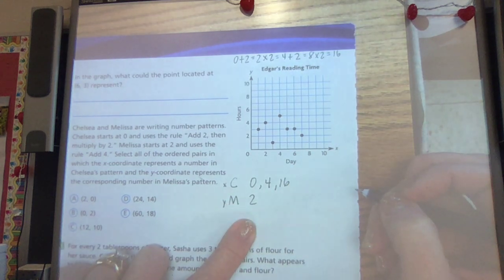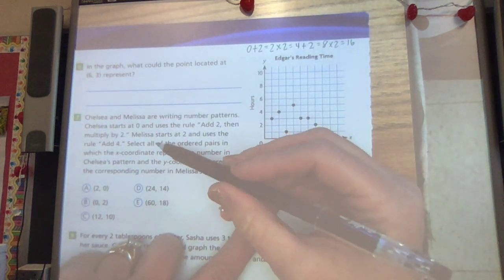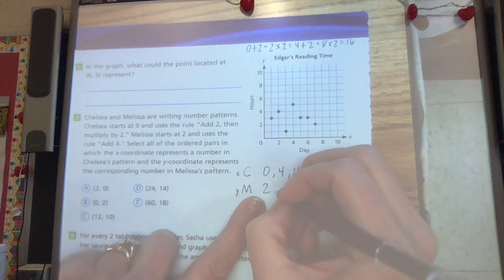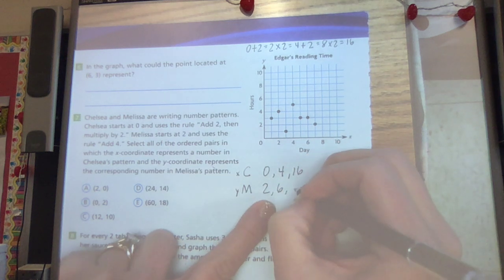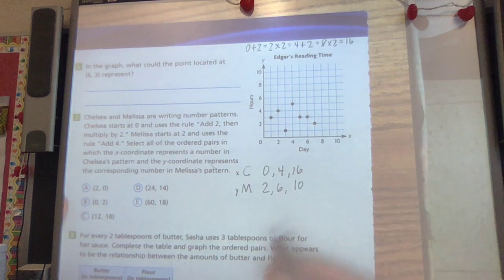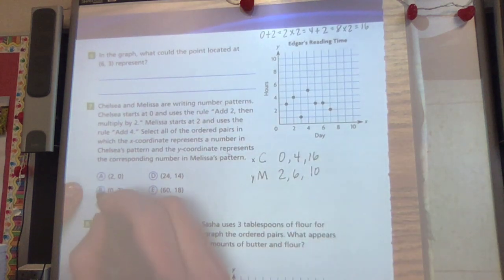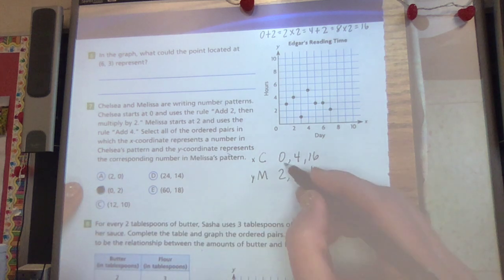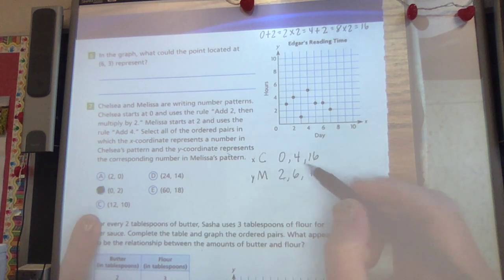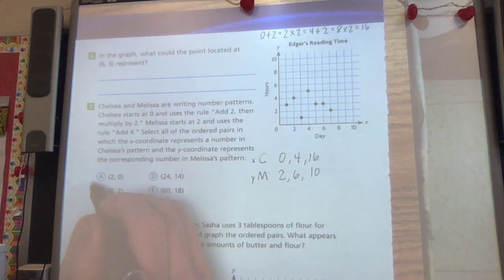Alright, for Melissa, start at 2 and uses the rule add 4. 2 plus 4 is 6. 6 plus 4 is 10. Okay? So already, I can say I know B is one of the answers because I have 0, 2. And I know that A is wrong.